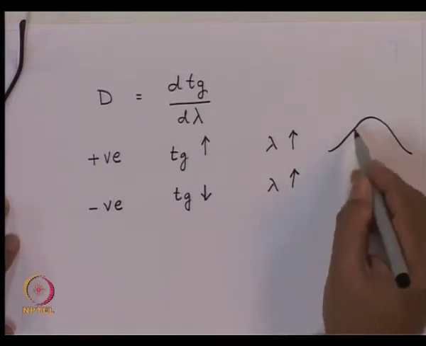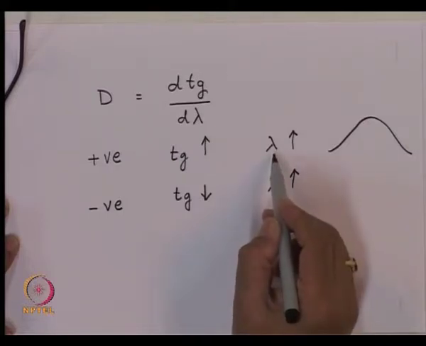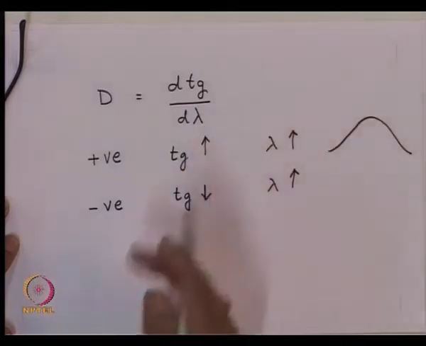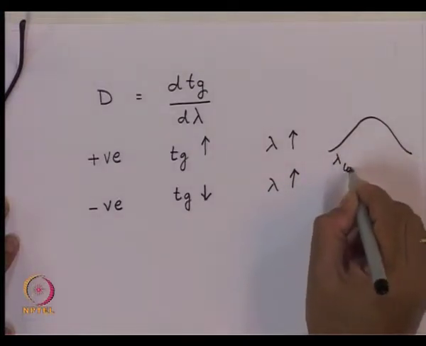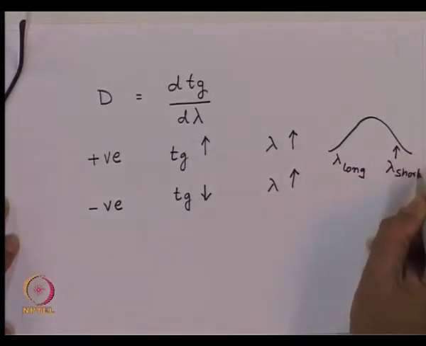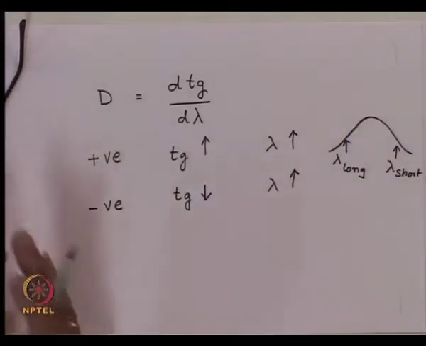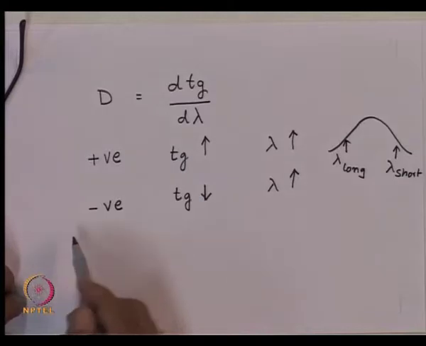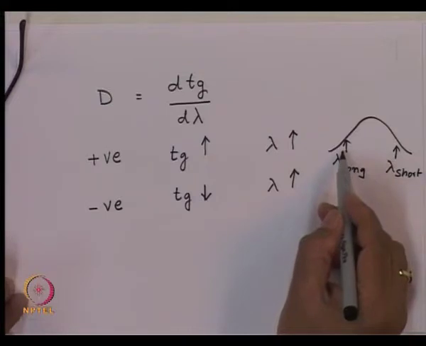Now we will see that there is an accumulation of the longer wavelengths. Since it is taking more time, they will be getting accumulated on this end. So you have here lambda longer wavelength, and here you will get a lambda which will be shorter wavelength. So the frequency separation is going to take place inside the pulse because of this dispersion, and for positive dispersion the shorter wavelength will go ahead and the longer wavelength will be trailing behind.